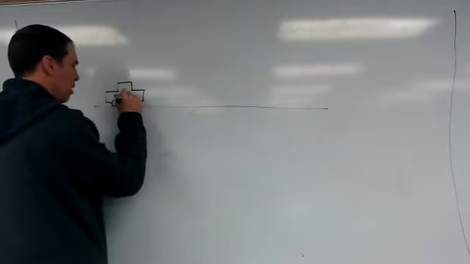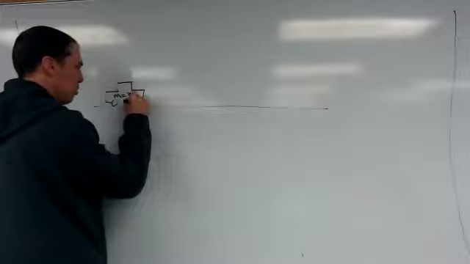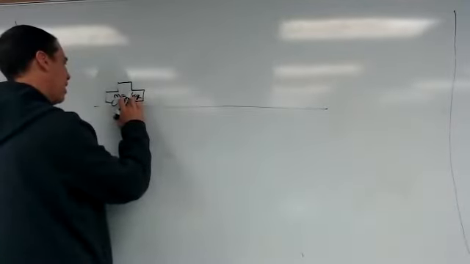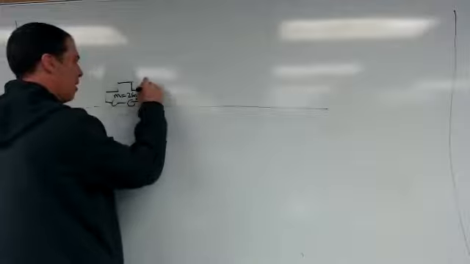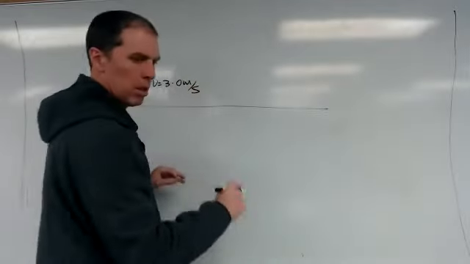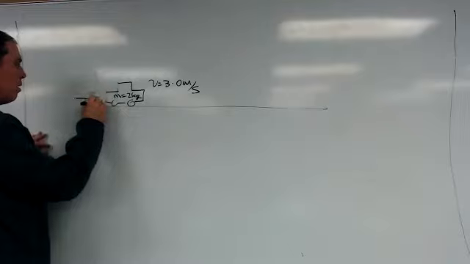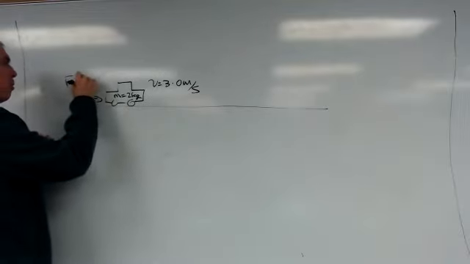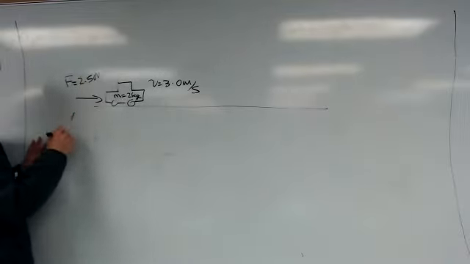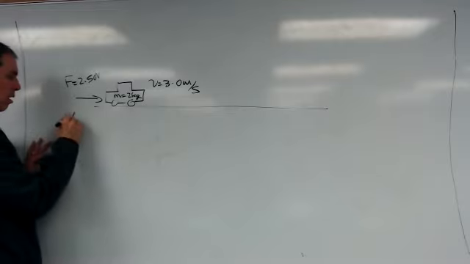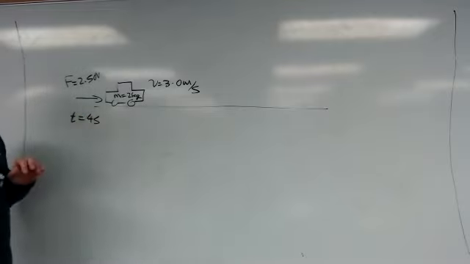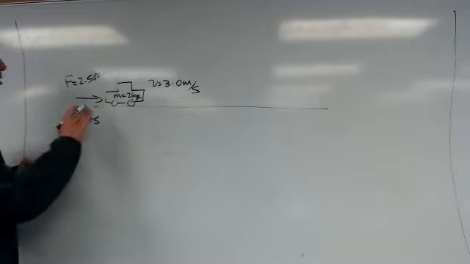Is it 3 kilograms or 2 kilograms? 2 kilograms. The force is 2.5 newtons for 4 seconds. I think it's in the negative x direction. Oh, it's in the negative x direction. You're right.